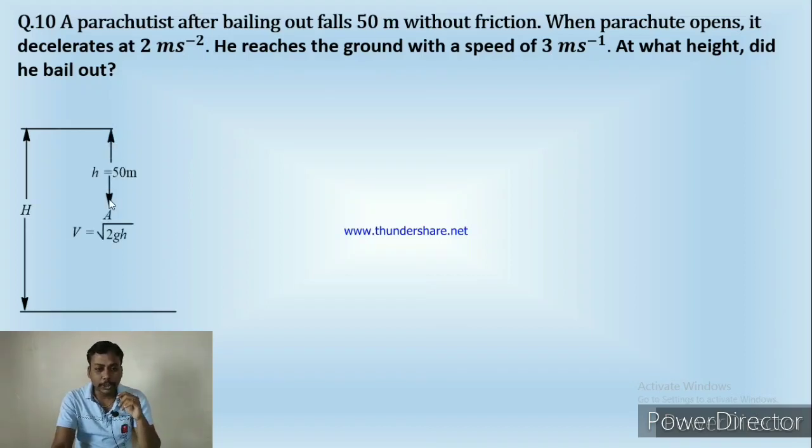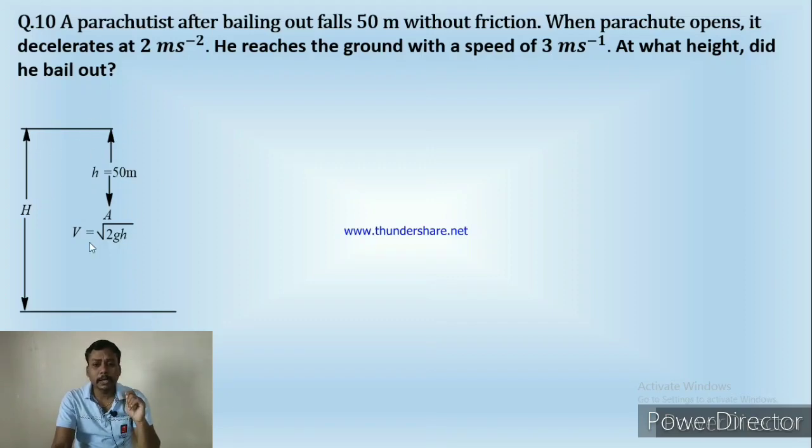Here at the top position the parachutist bails out and falls 50 meter up to point A. When the parachute opens, it decelerates at 2 meter per second square. He reaches the ground with a speed of 3 meter per second.